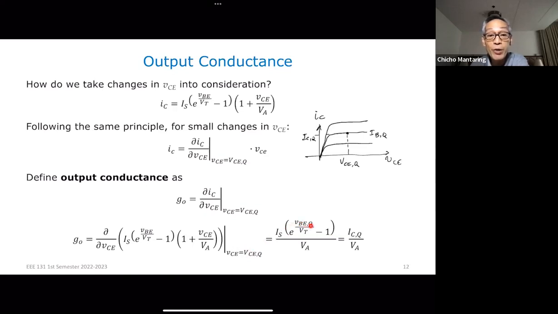And that's why I have VBEQ here. So, ito yung matitira. And if you take a look at this numerator, if we neglect early effect, this numerator is really just ICQ. And therefore, my output conductance is just ICQ over V sub A.